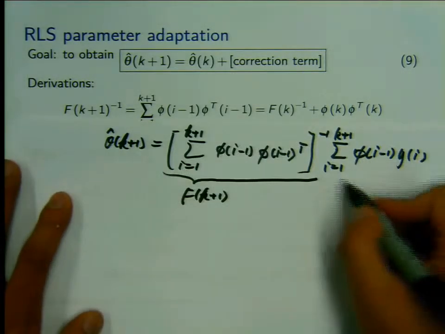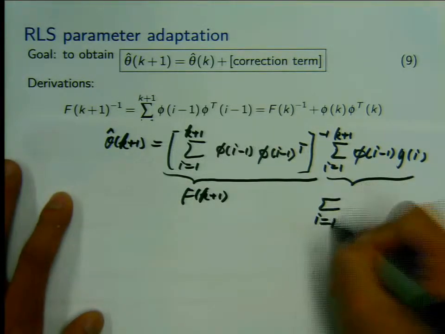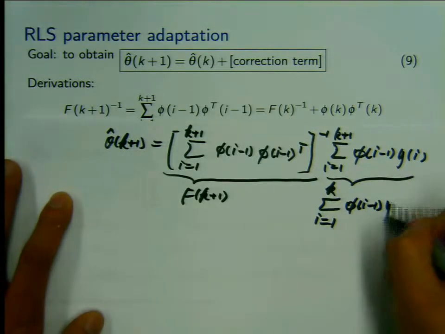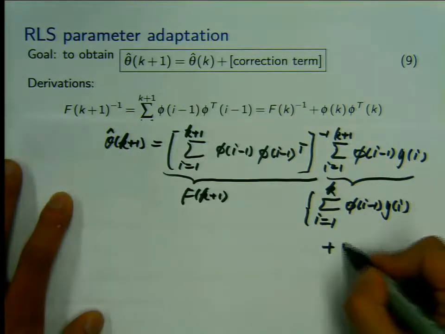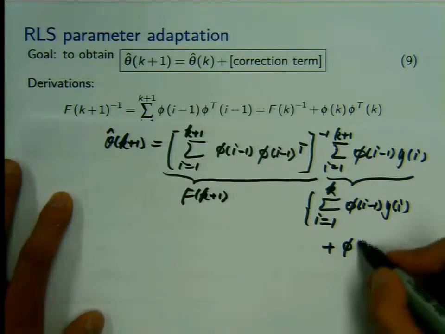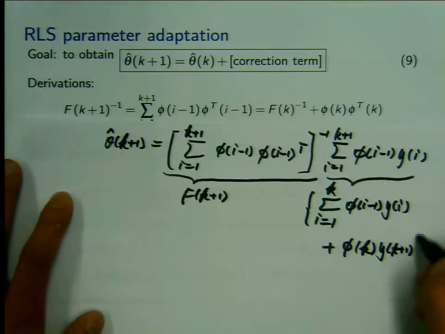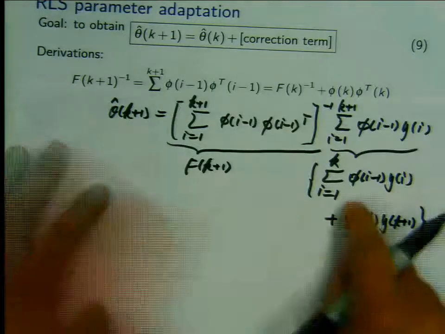Let's do a little algebra and focus on this term first. This term equals the summation for i going from 1 to k of phi i minus 1 y i, plus this additional term phi, the index, be careful, should be k, and then y k plus 1. Now look at this one.